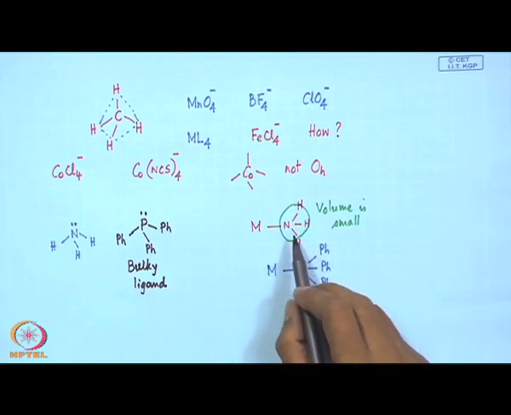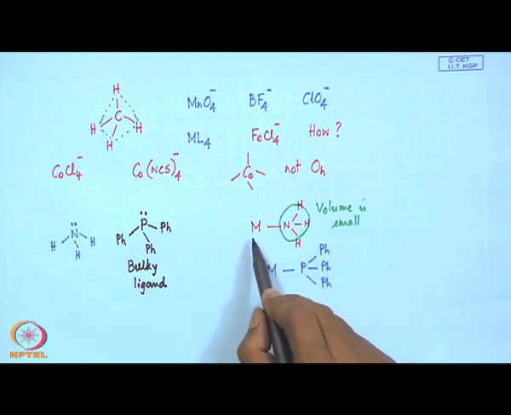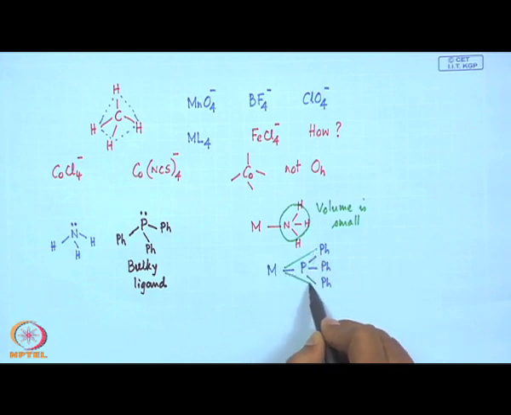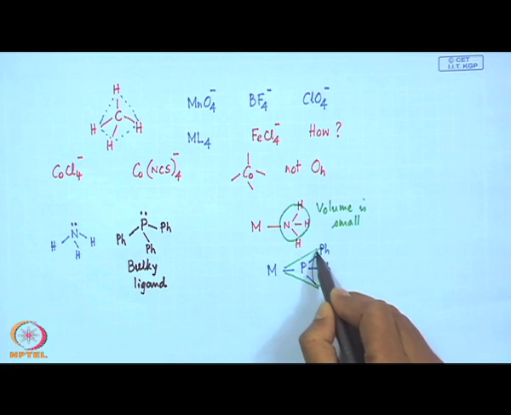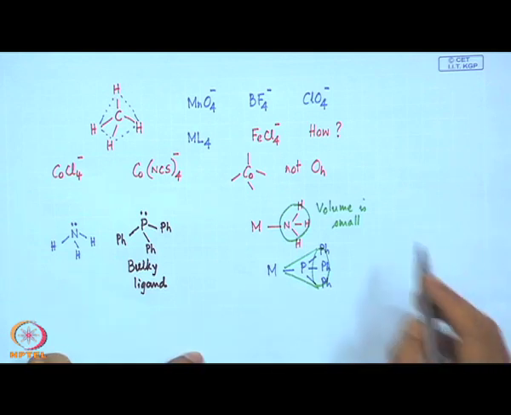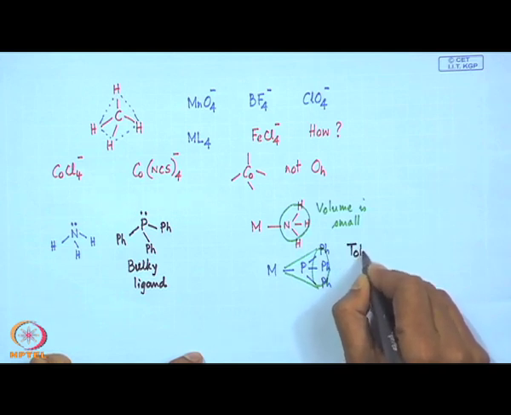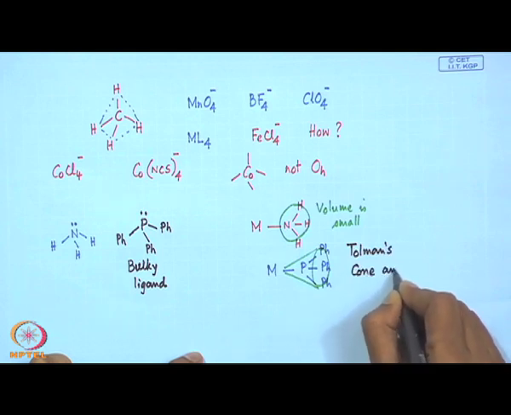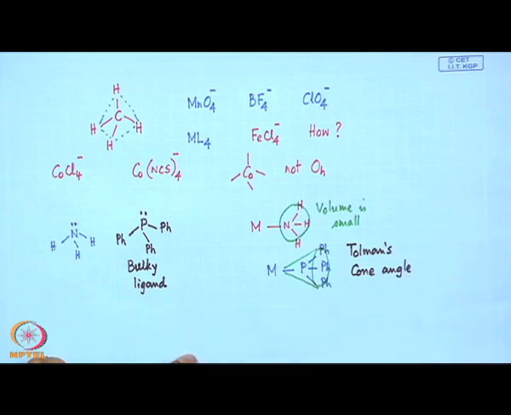So, this particular ligand volume will not control the corresponding geometry around the metal center, but when we have this phosphine binding, we have a funnel type of structure, and this funnel type of structure gives rise to a cone angle, which is known as Tolman's cone angle, and in case of triphenylphosphine it will be around 145 degrees.